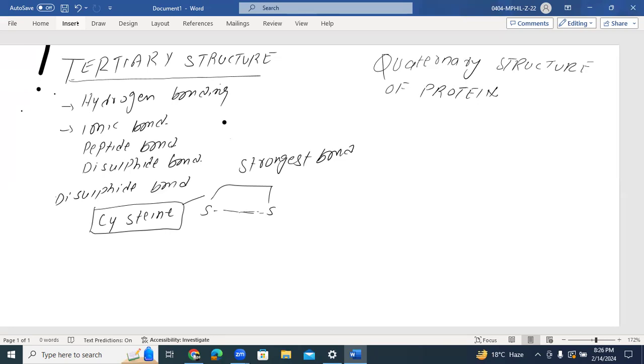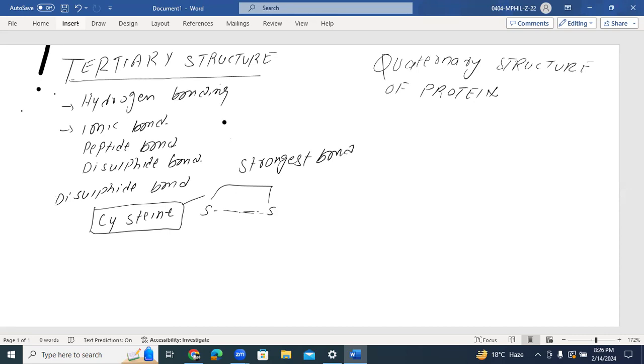When they are put together, they may consist of two or more polypeptide chains, and they form a globular structure. Remember, this quaternary structure itself is not any specific structure. It is formed from the tertiary structure, by the combination of two or more tertiary structures.